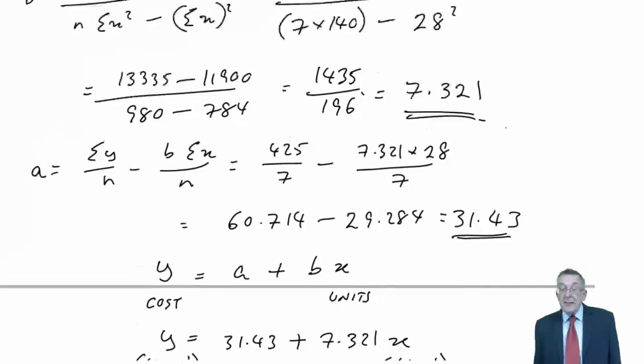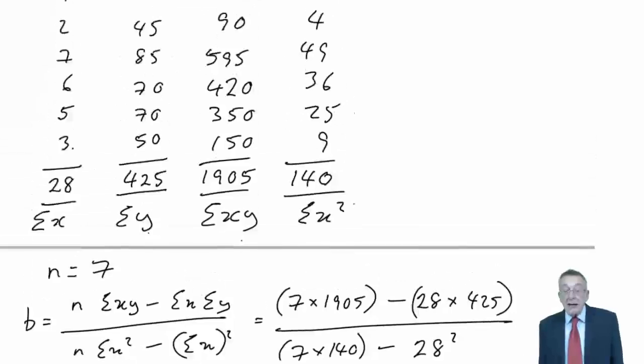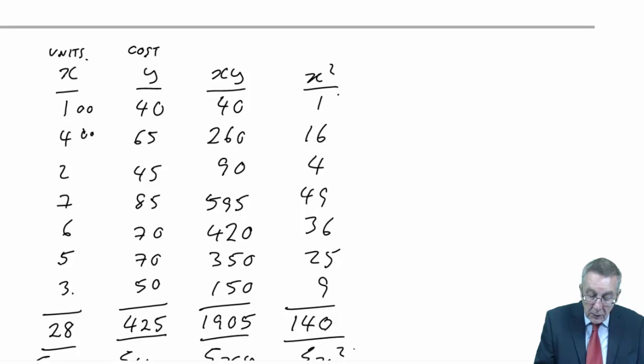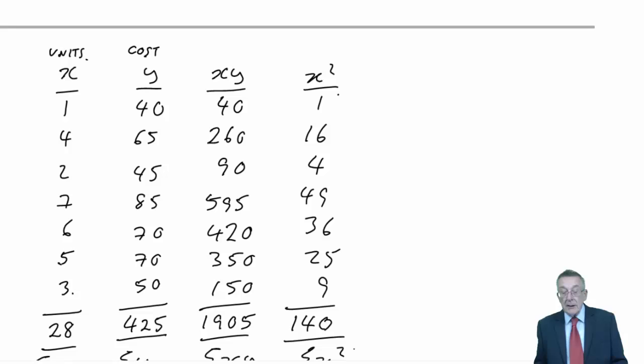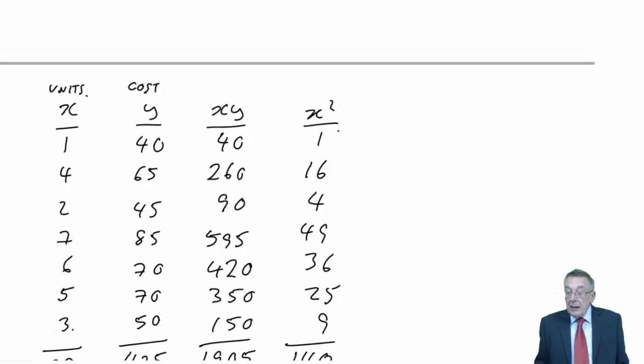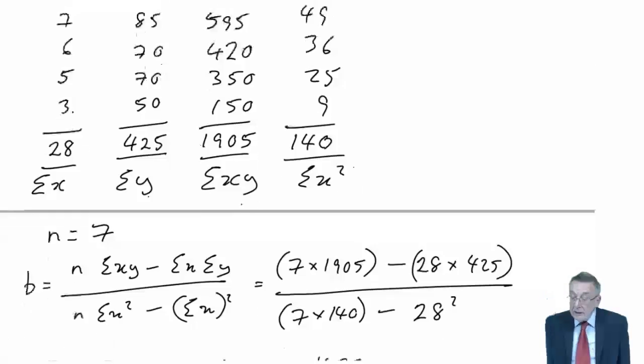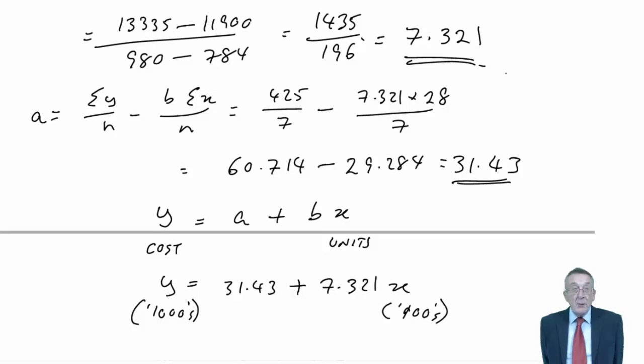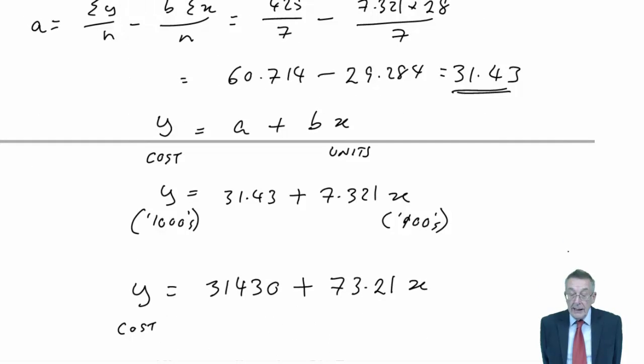Now, if that bit worries you, you can avoid it by, in the original table, having the exact figures. If you'd written 100, 400 and so on, and if you'd written 40,000, 65,000 and so on, then using the formulae, you would have come out with 7,321 for B and 31,430 for A, I beg your pardon.